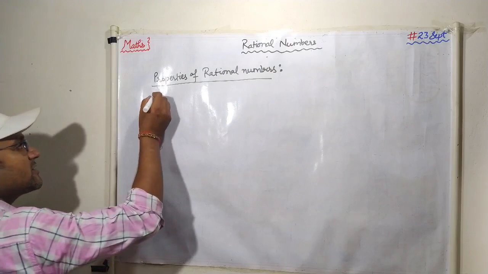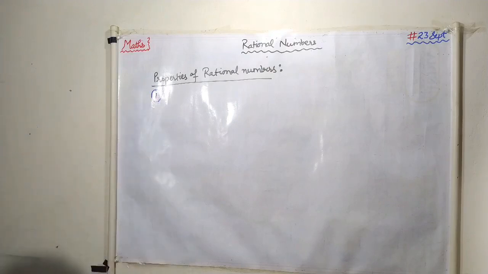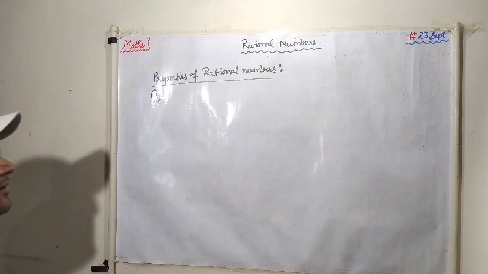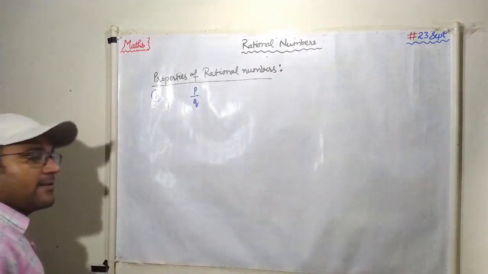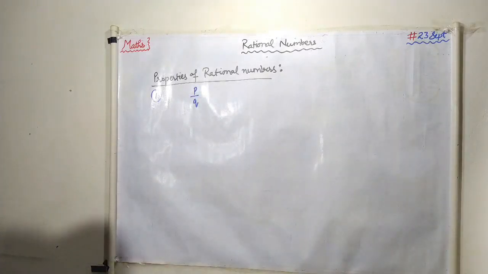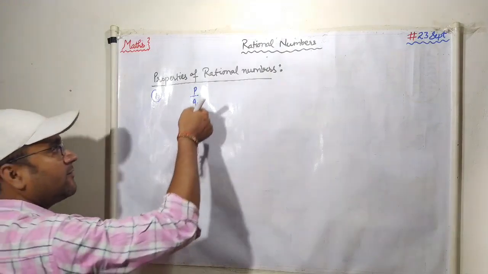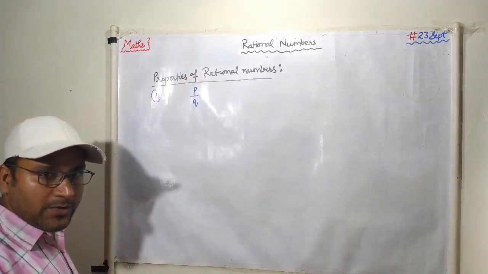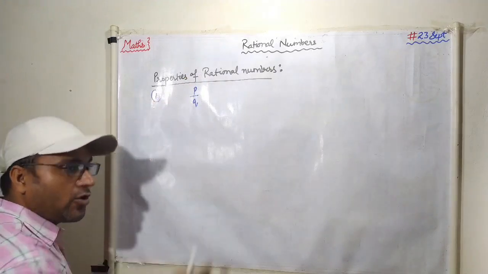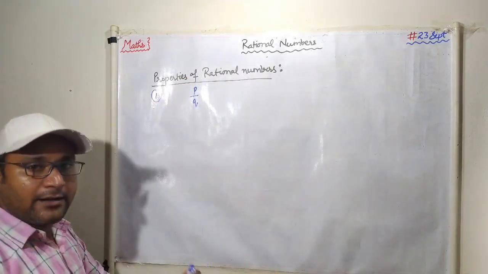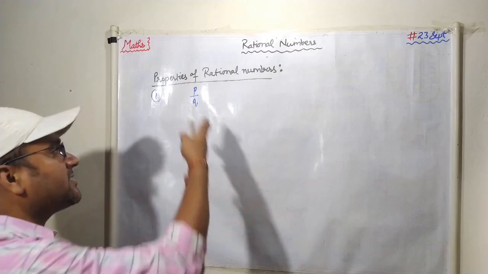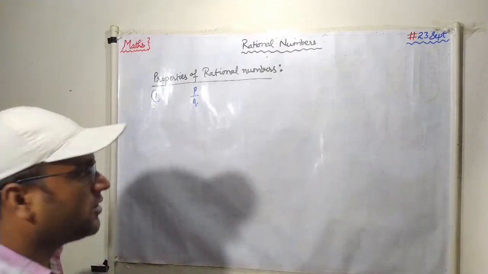The first property: if p upon q is any rational number and you multiply the numerator and denominator by any non-zero number, you will get another rational number which is the same as p upon q.